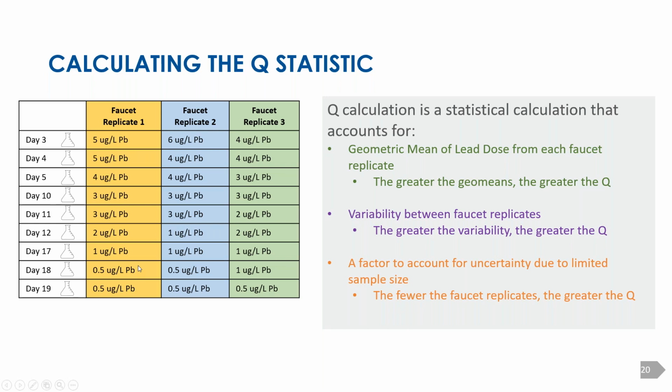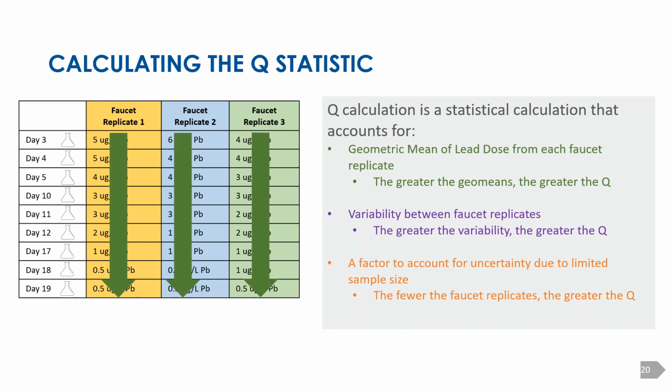The Q statistic accounts for, first, the geometric mean of the lead dose from each replicate. So the geometric mean from each replicate is taken. And then the standard deviation between each replicate is calculated in order to account for the variability between faucet replicates.